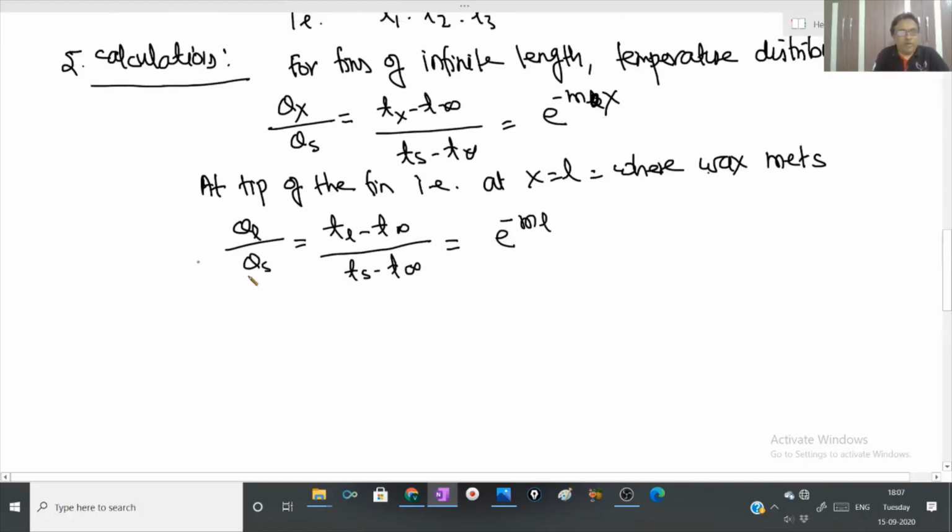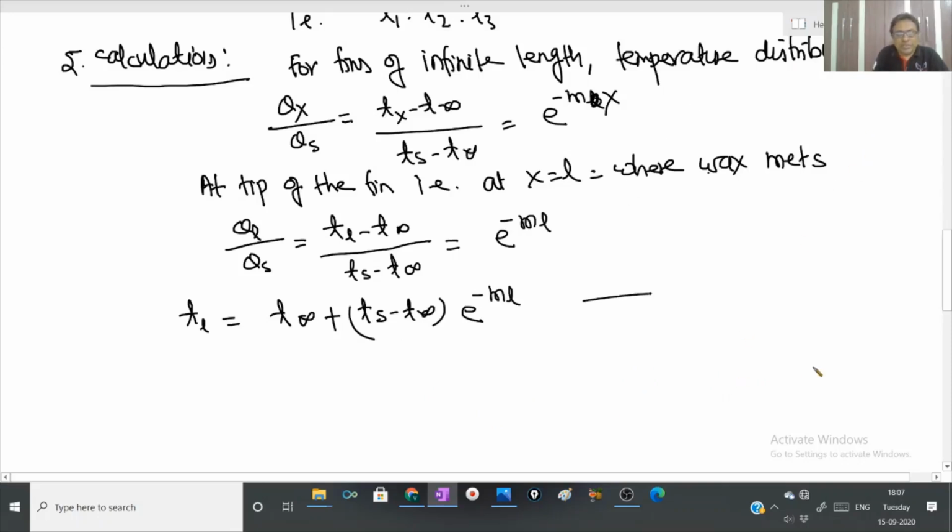If I want to write the expression for temperature at the distance L where wax will get melted, I can write it as T infinity plus Ts minus T infinity times e to power minus ml.